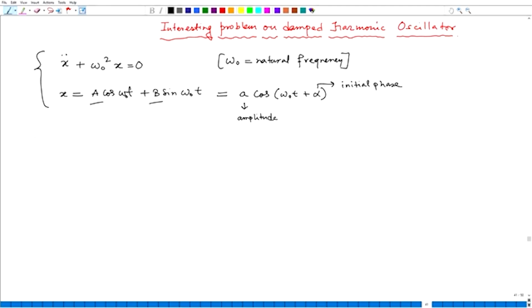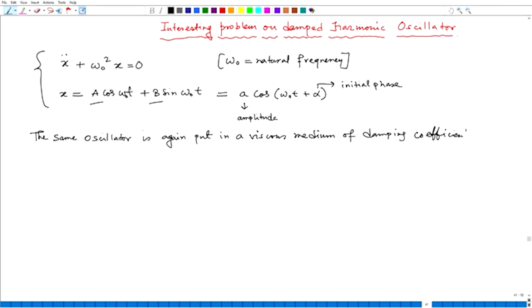And then the same oscillator is put in a viscous medium of damping coefficient lambda, and we consider lambda to be greater than omega 0, and that is why we have what we call an over damped motion.